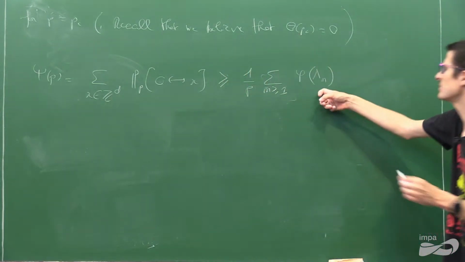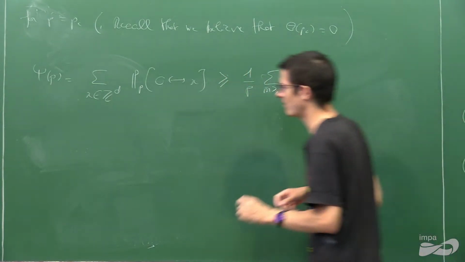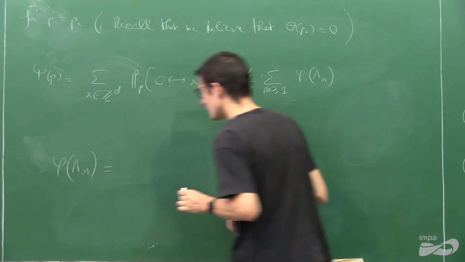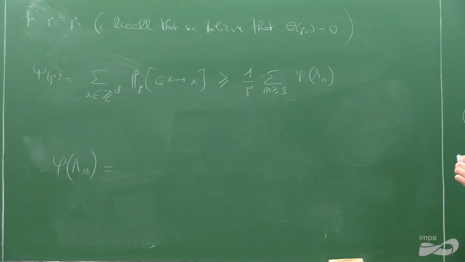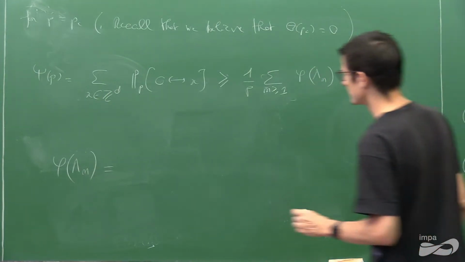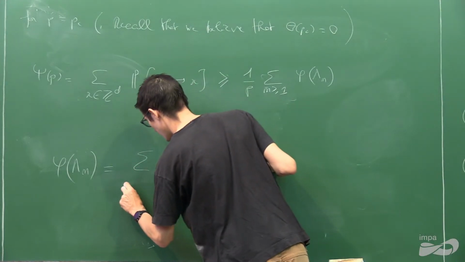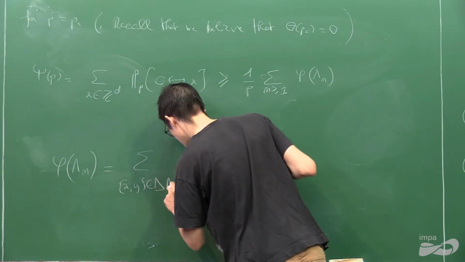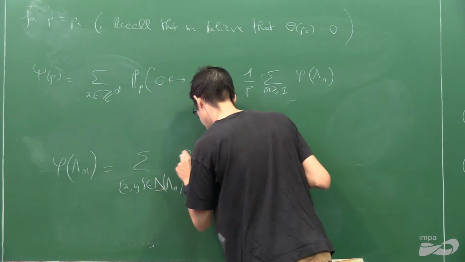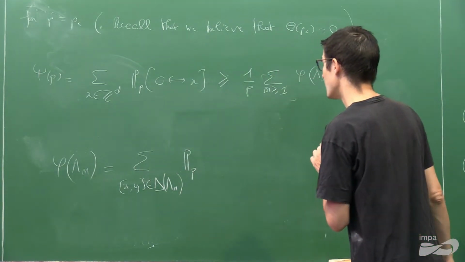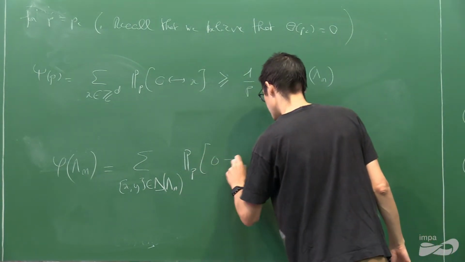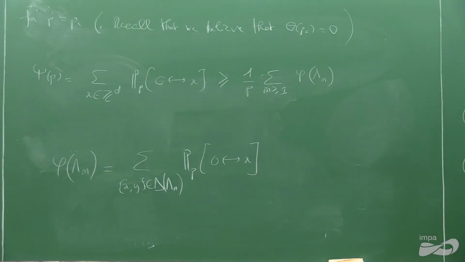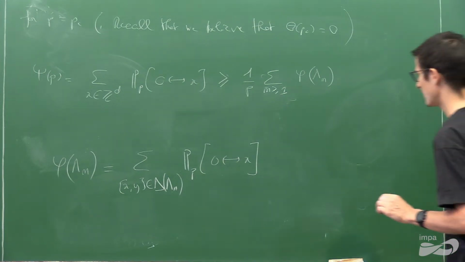So let's look at what phi Lambda n is. Phi Lambda n is the sum over x in the boundary of Lambda n of the probability that 0 is connected to x, times p.